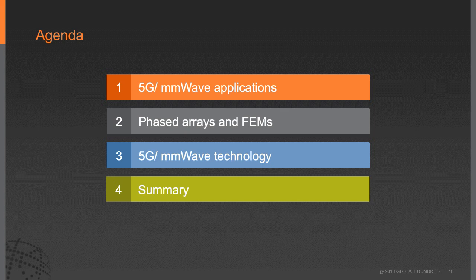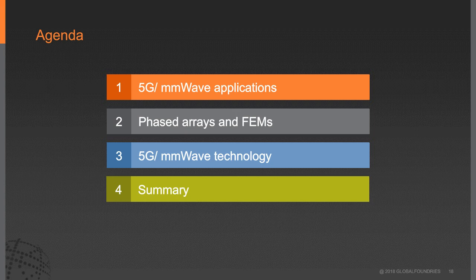Then I talked about the benefits of phased arrays, and then front-end modules. I talked about the different types of beamforming architectures: analog beamforming, digital beamforming, and hybrid beamforming. Then I talked about the impact of semiconductor technology.